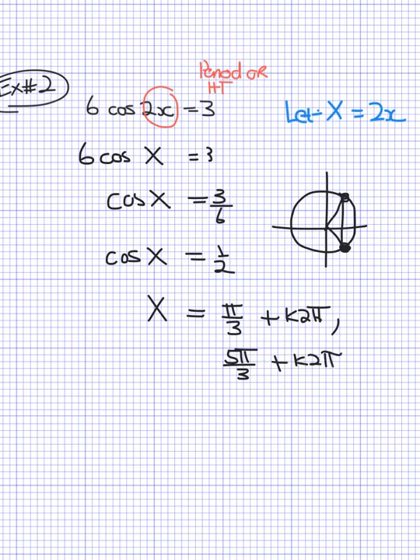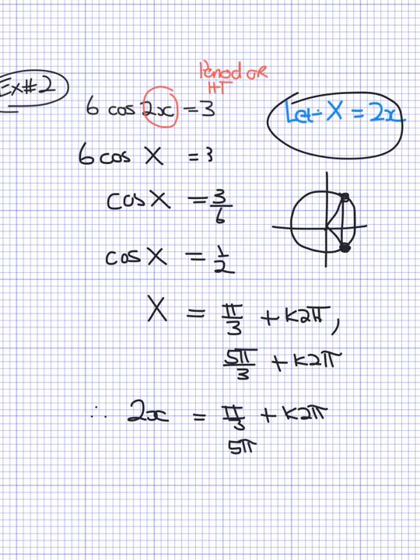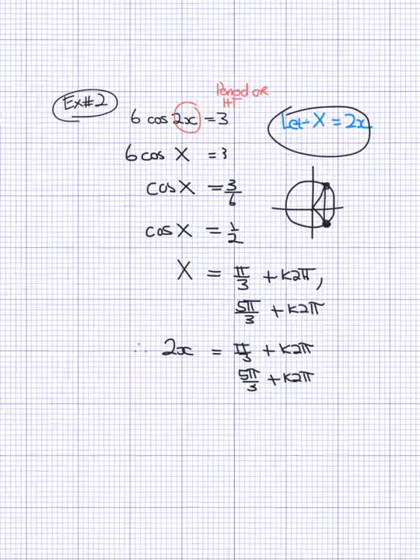Now we've set up here let big X equal 2x, so I'm going to bring that in now because I actually want to solve for little x. So I'm going to go, therefore, 2x equals pi on 3 plus k2 pi, and 5 pi on 3 plus k2 pi. Then I have to work out how I find x.